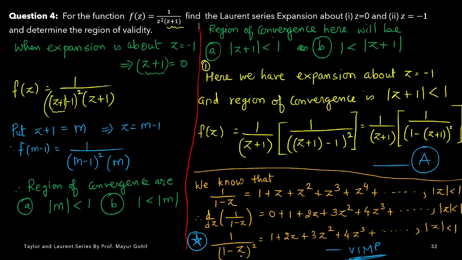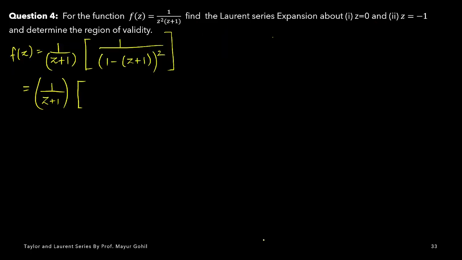Now instead of z we have z plus 1, so here it will be 1 plus 2 times z plus 1, then 3 times z plus 1 the whole square, 4 times z plus 1 the whole cube, plus and so on. This is how the expansion of these terms will happen.